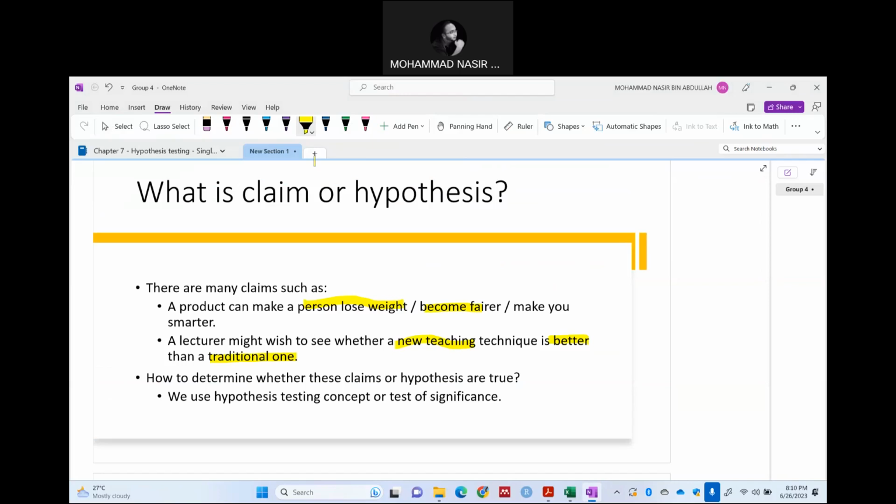So how do we determine whether this claim or hypothesis is true? Then we need to use a test of significance, or hypothesis testing. Basically, we would like to test the claim made for a certain subject.